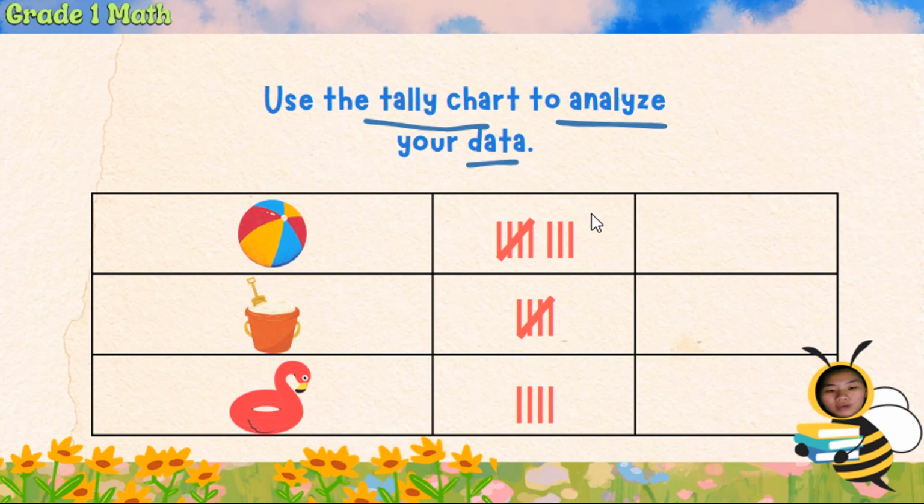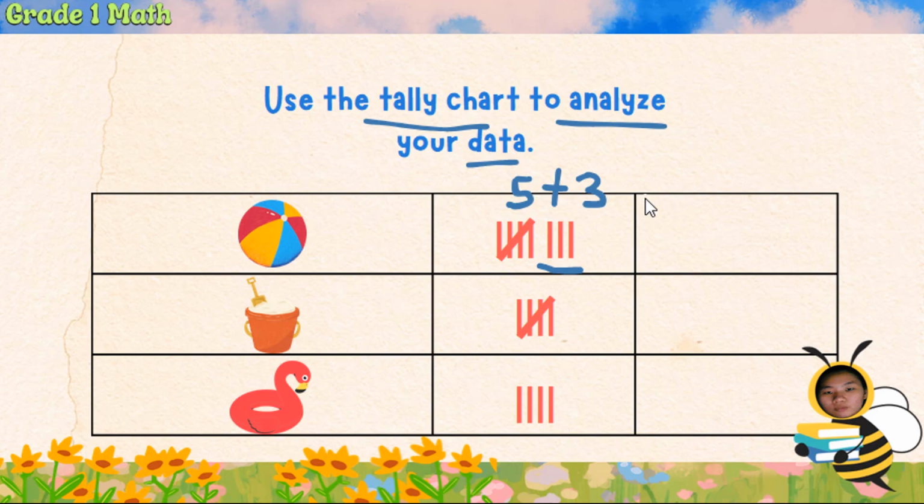How many votes do we have for the beach ball? Well, from what I've told you previously, right? This symbol is 5. It is 5. And we have 3 more. What is 5 plus 3? What do you think? 5 plus 3.